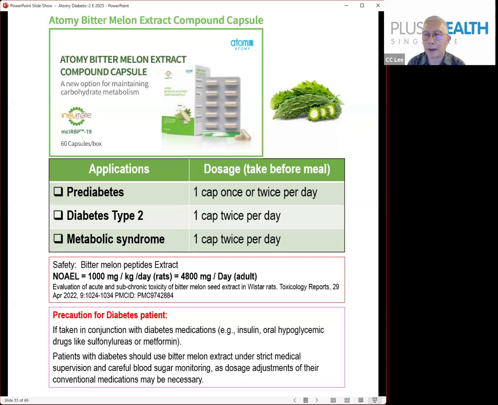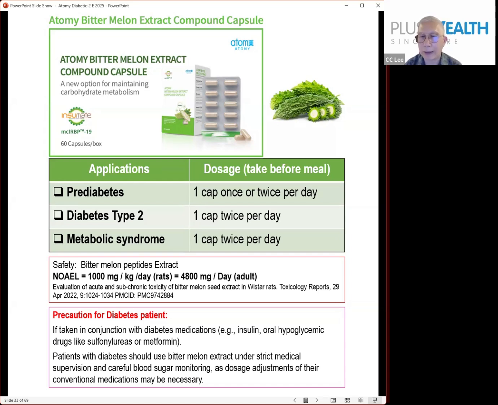In fact, if your diabetic medication is already working and your diabetic condition is under control, there's no need for you to take this as a supplement. It's only where you do not take any medication and you think that you need to control a diabetic condition, then you can take this supplement as a substitution for any medication in controlling the diabetic.